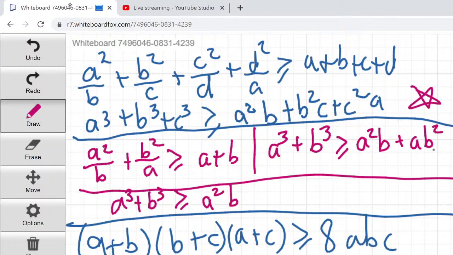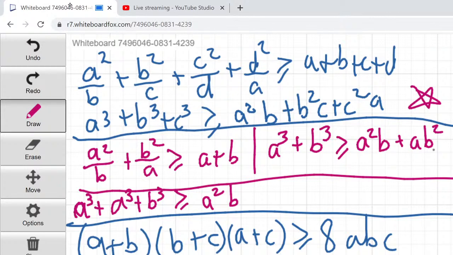So maybe not. Hmm. But if you add another a cubed, okay, 2a cubed plus b cubed. See, the point is the a has twice as many powers as the b, right? So maybe we can get twice as many a's as there are b's. So what if we add another a cubed?